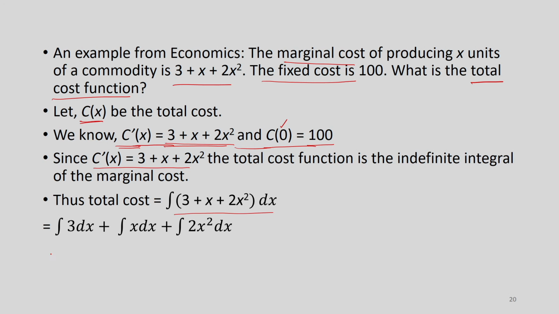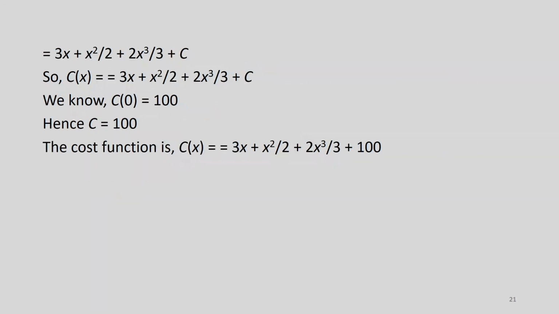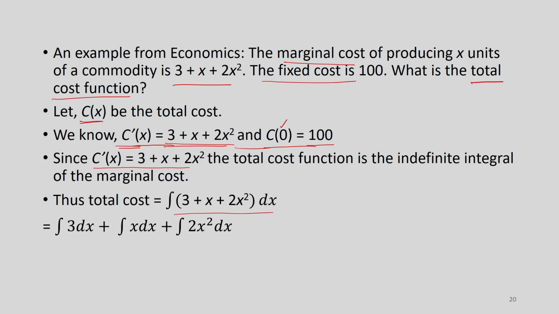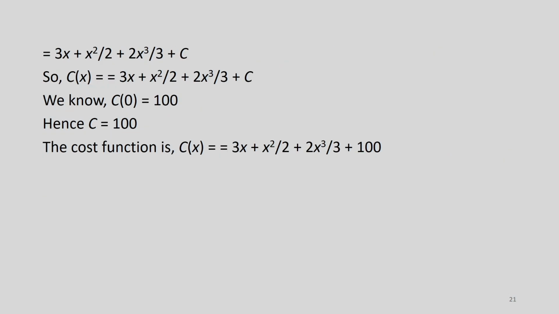So, this becomes integration of 3 dx plus integration of x dx plus integration of 2 x square dx, and this turns out to be 3x plus x square divided by 2 plus 2x cube divided by 3 plus c, the constant of integration.